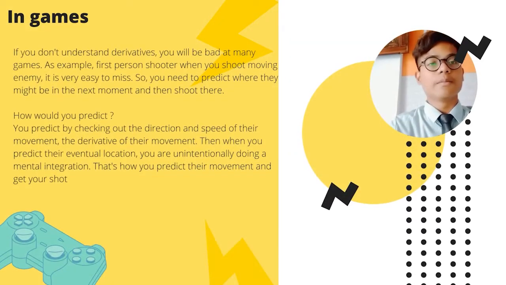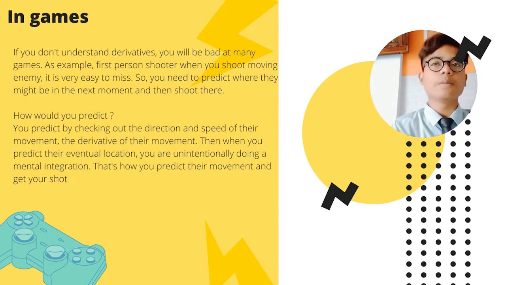Another example of application of differentiation in real life. In games, if you don't understand derivatives, you will be bad at aiming games. As an example, in a first person shooter, when you shoot moving enemies, it's very easy to miss. So you need to predict where they might be in the next moment and then shoot there.